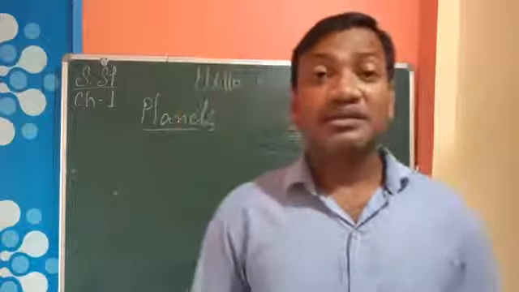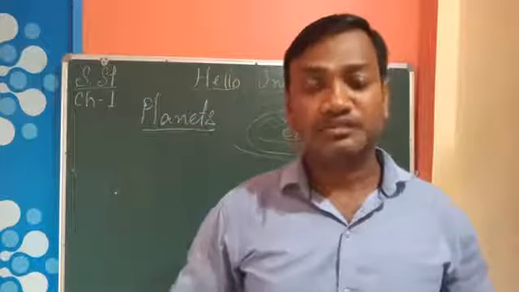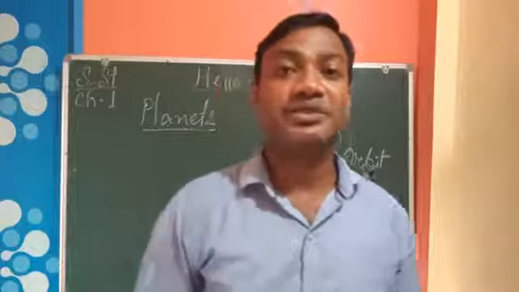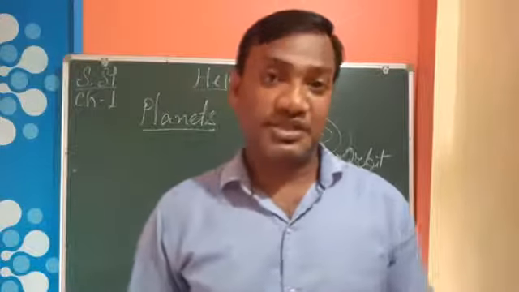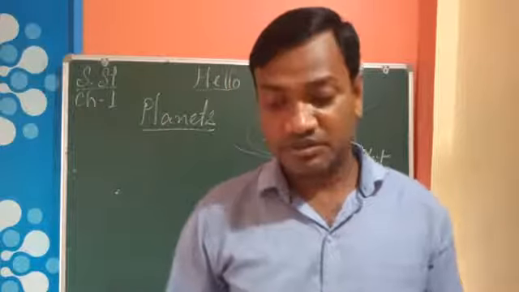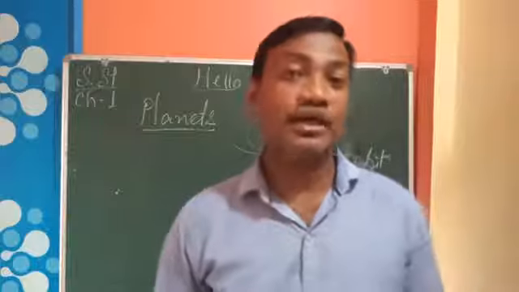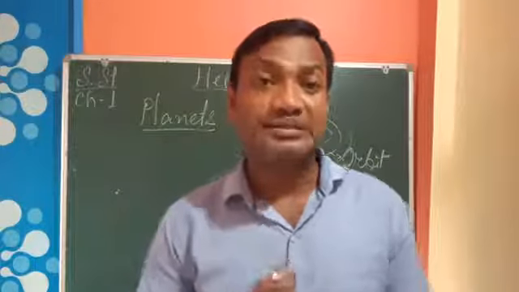And giant planets, the giant means very big. So giant planets, that means Jupiter, Saturn, Uranus and Neptune, these are called giant planets. These are large in size, so they are very large and also known as gas giants. And Jupiter is the largest.